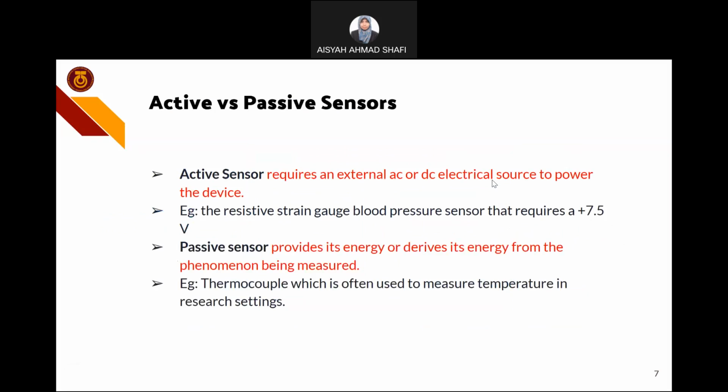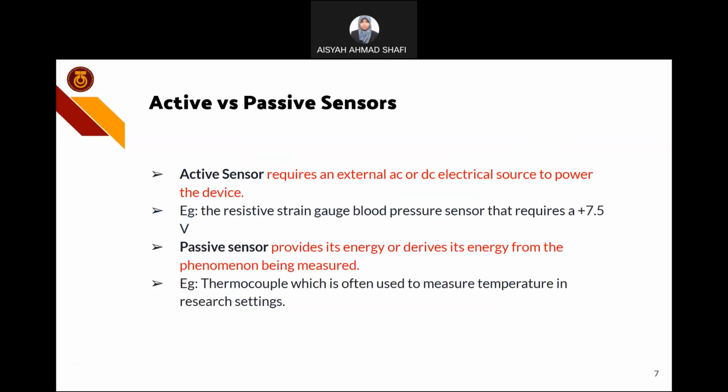Alright, so for the sensor and transducer, the terms can be interchangeable, but you need to understand that for the sensor, the output is electrical output only.